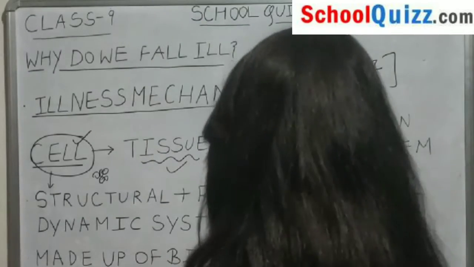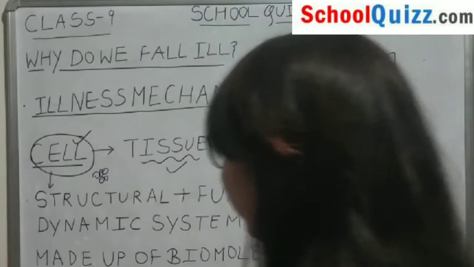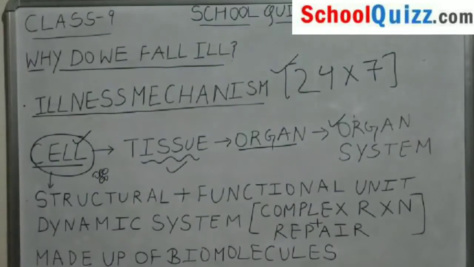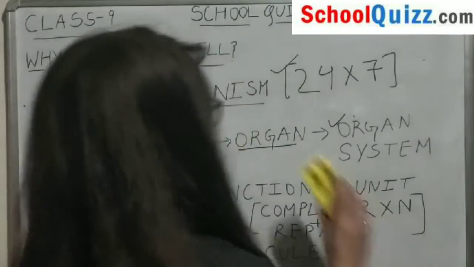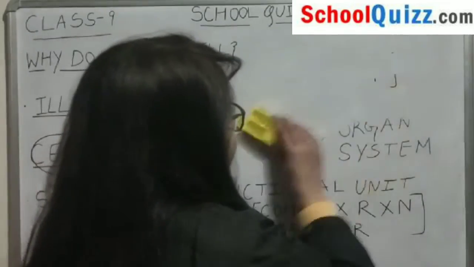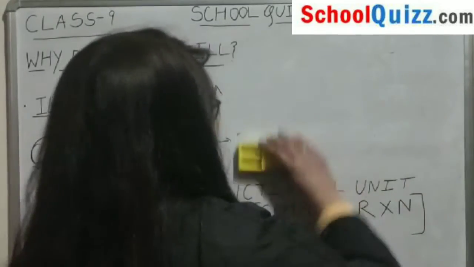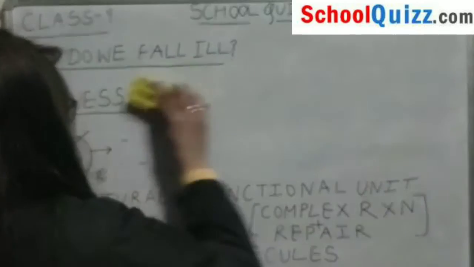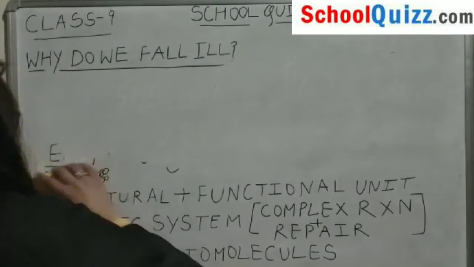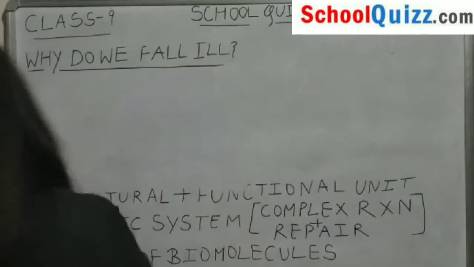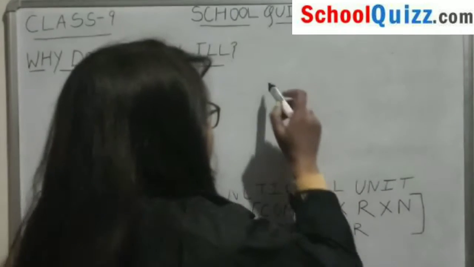The first biomolecule involved in the formation of the cell is protein. Protein is made up of amino acids only. So amino acids are the monomeric units of protein.